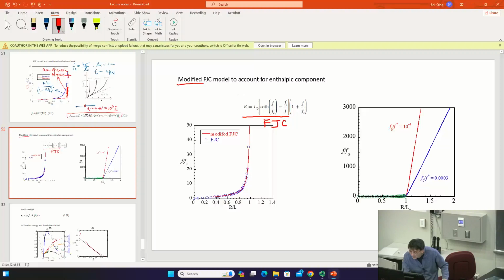This thing is called Langevin function. And then we invert it to get force as a function of the stretching. This is the bit that's added. Okay? And so this morning, I tried to graphically show you adding this little bit means what.